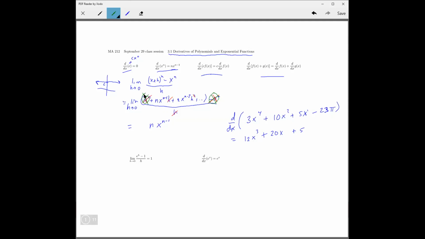Factor the h out, and then cancel that with the bottom one. And then set h equal to 0, but there's still an h here, and there's h's in all the rest of the terms, so those all go to 0 as h goes to 0. And so you're just left with this piece here.